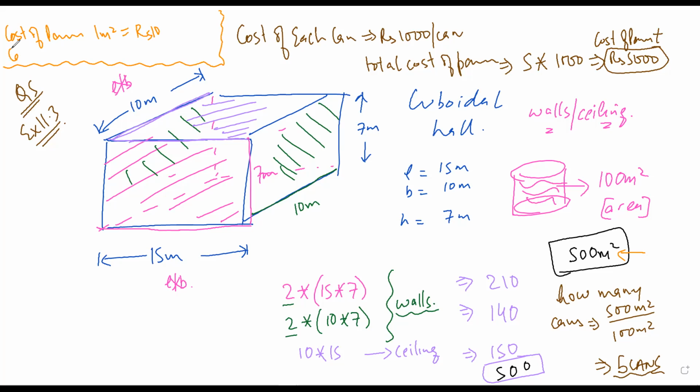Therefore, the cost of painting would be rupees 10 into 500, which is equal to rupees 5000 for cost of painting. Now 5000 is the cost of painting, and this 5000 is the cost of paint. Have you understood?